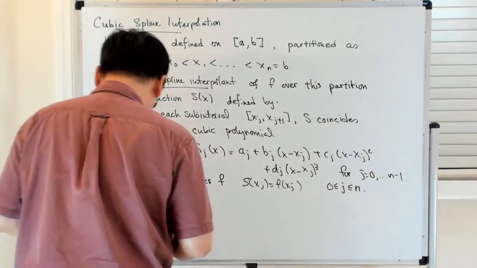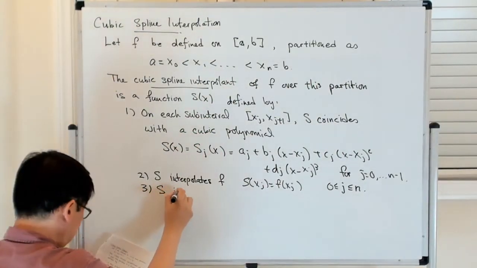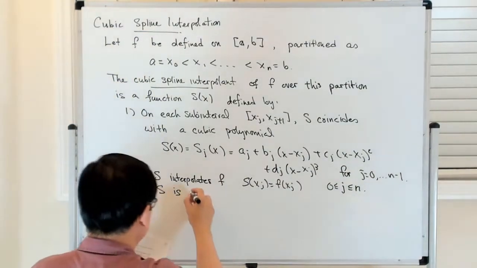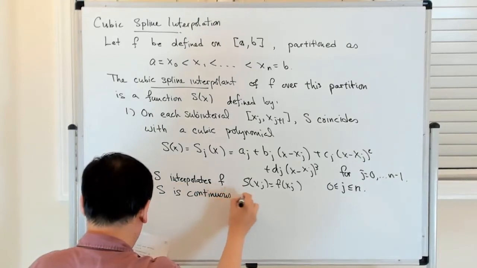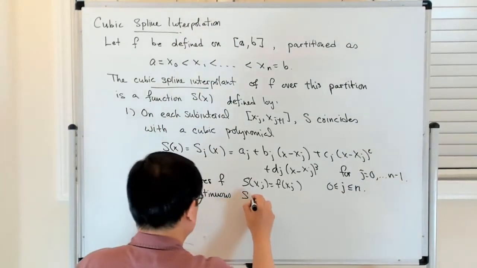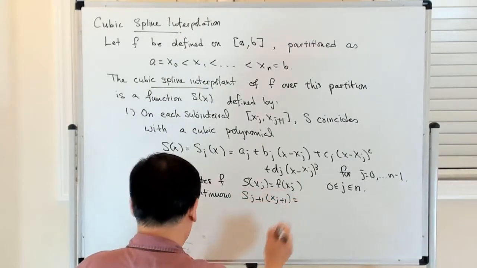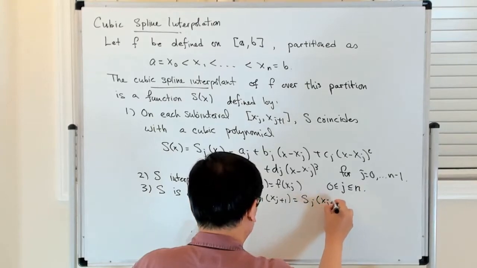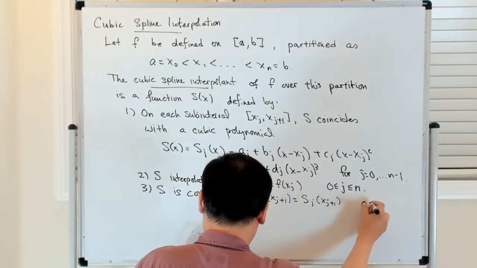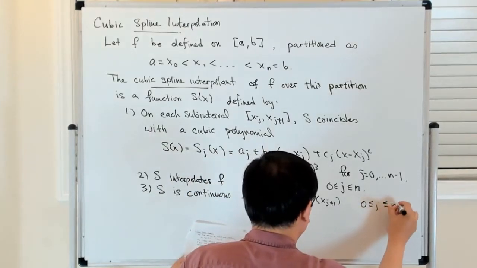Then the third condition is that S is continuous. So S j plus 1 at xj plus 1 is equal to Sj at xj plus 1, and j is between 0 and n minus 2.